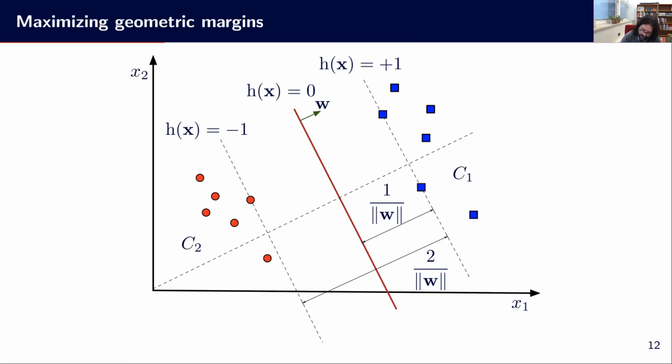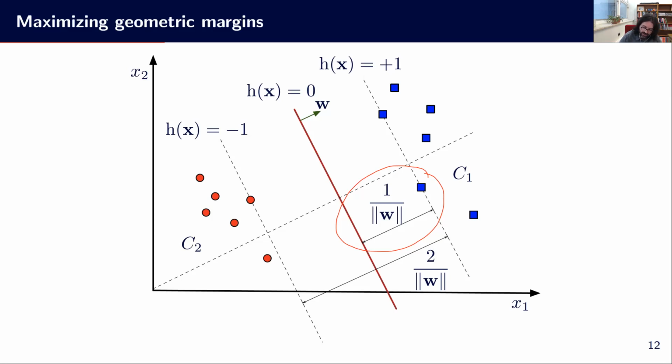And what we see here is that the whole zone between the two dashed lines is a kind of no man's land, a zone where we have no samples, and this is our margin. We want to maximize the distance between the hyperplane and the closest sample, which is 1 over the norm of W, basically rho.